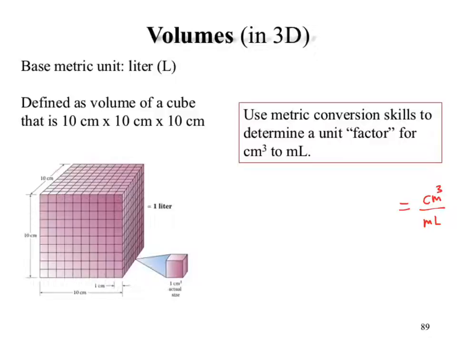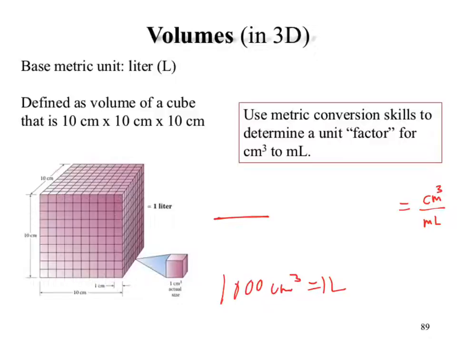Do I know any relationship between a distance measurement and a volume measurement? Yes. What was that measurement? 1 liter was 1,000 centimeters cubed. So we've got 1,000 centimeters cubed equals 1 liter.